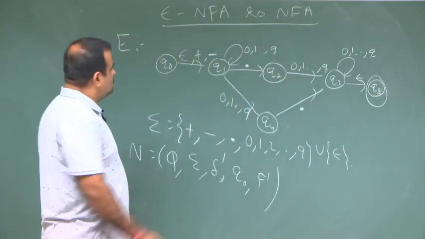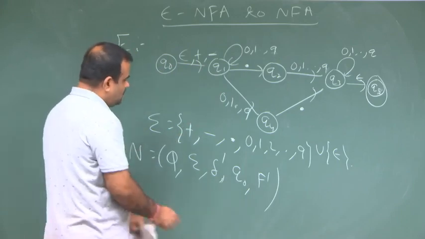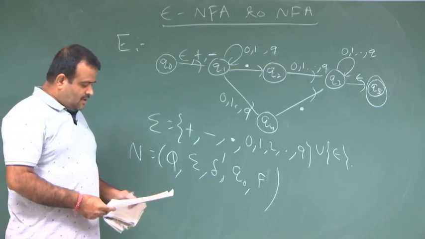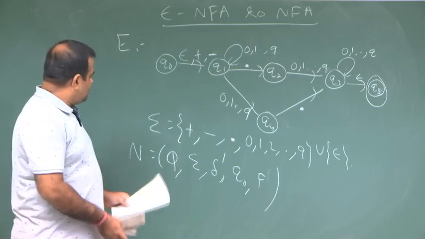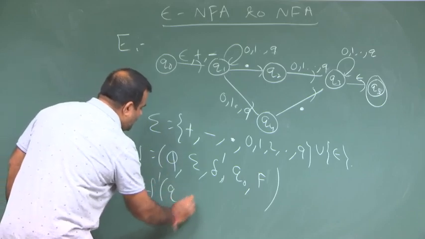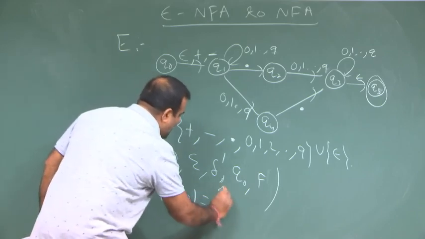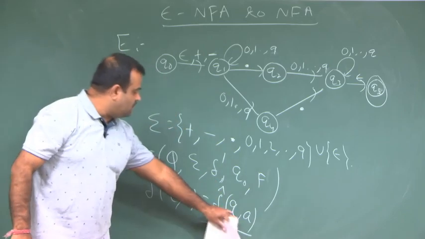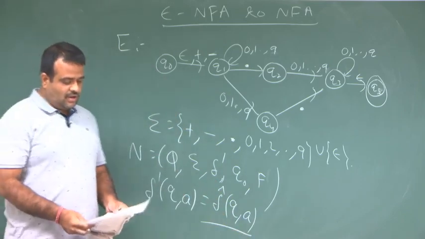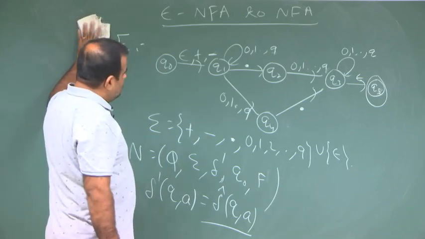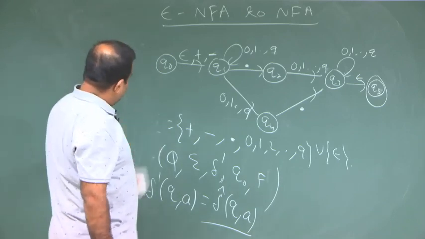No, we cannot reach the final state with epsilon alone, so F prime is the same as F over here. Okay. Now, we can construct delta prime of Q comma A, which is nothing but delta hat of Q comma A, to take care of the epsilon moves before A and after A. That way we will get the corresponding NFA.